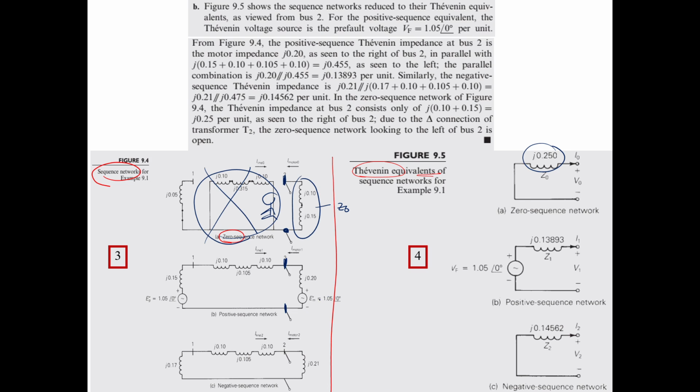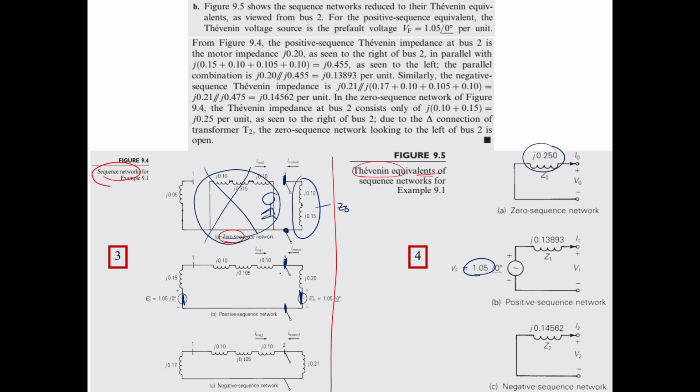So the Thevenin voltage is the same, 1.05. And to find the Thevenin impedance, the equivalent impedance between 2 and ground, what you have to do is just deactivate these two sources. By deactivating these two sources, you just short circuit them to the ground.